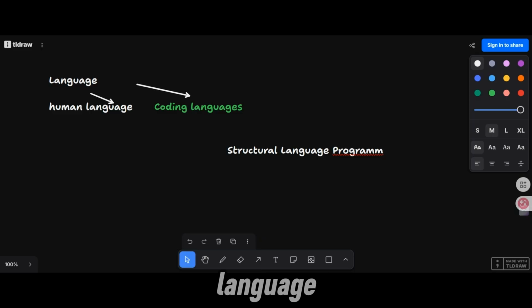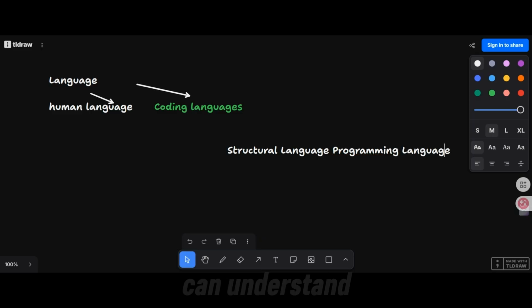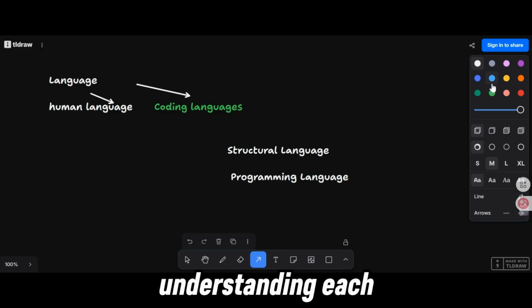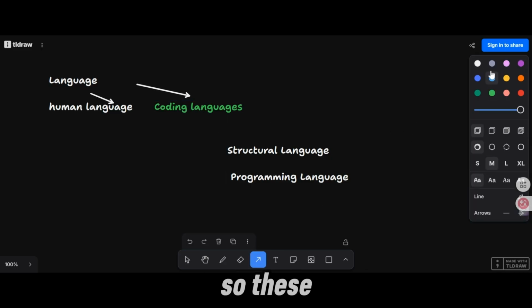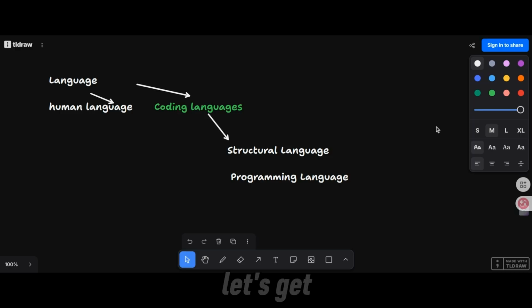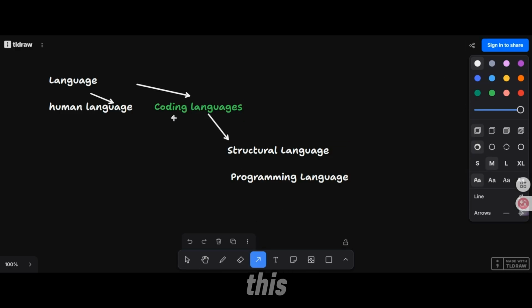So a programming language, now we can understand them separately. So let's move to understanding each one of them. So these are two categories, or you can say examples. Let's get another arrow and we can label these.